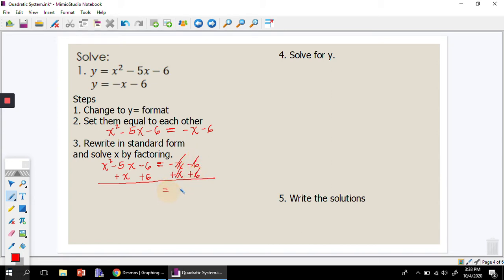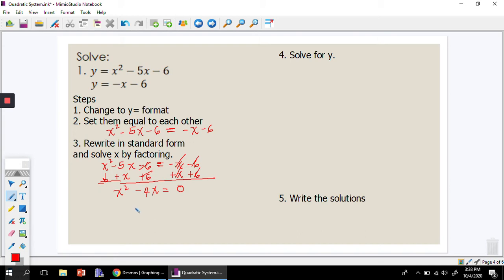Then I simplify my left side. Negative 5x plus x is negative 4x, and negative 6 plus 6 is 0. So my equation will be x squared minus 4x equals 0.